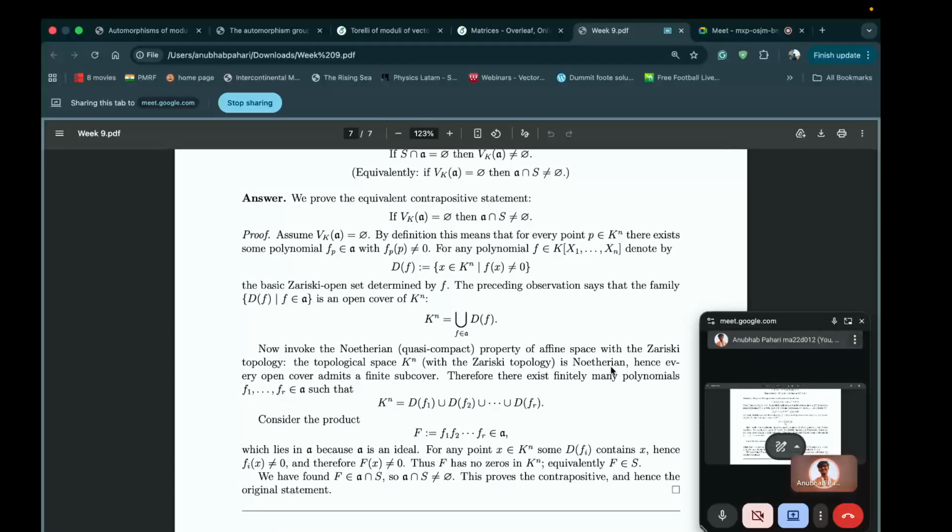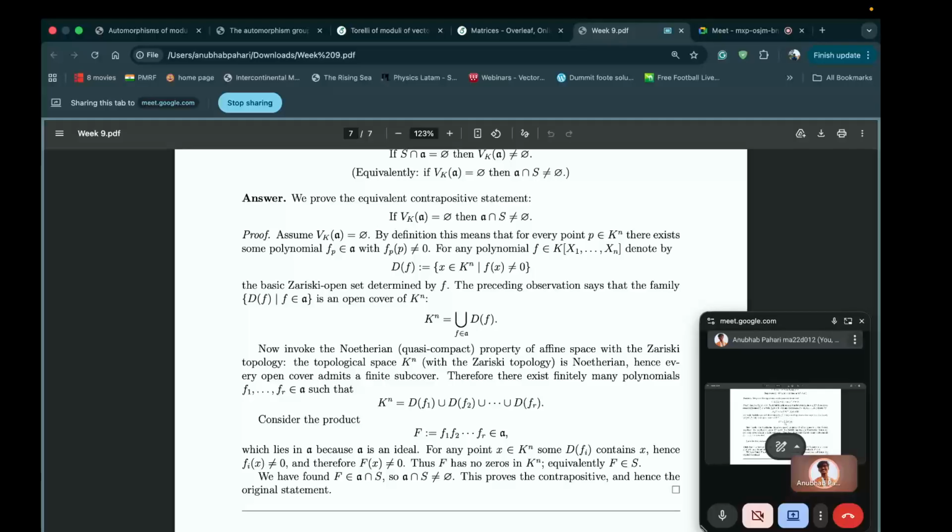We prove the equivalent contrapositive statement, that if V_k(A) is empty then A intersection S is not empty. Now assume that V_k(A) is empty. By definition this means that for every point p of k to the power n there exists some polynomial f_p in A with f_p(p) not equal to 0.